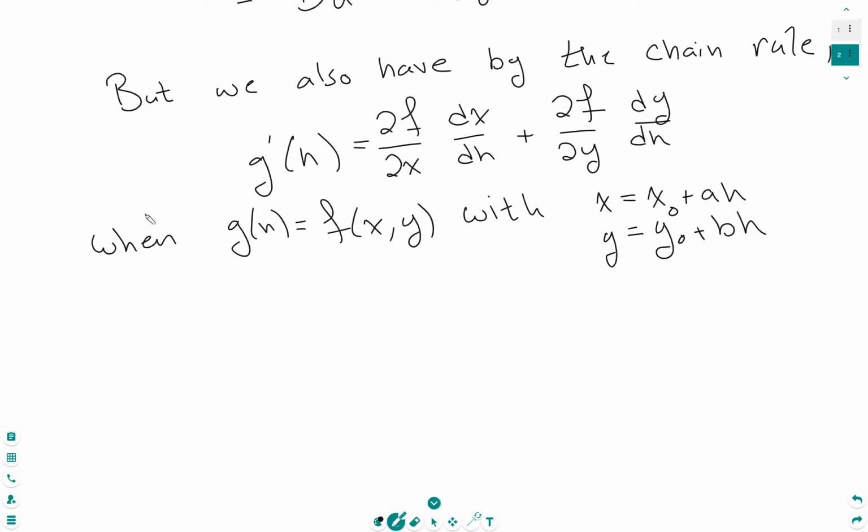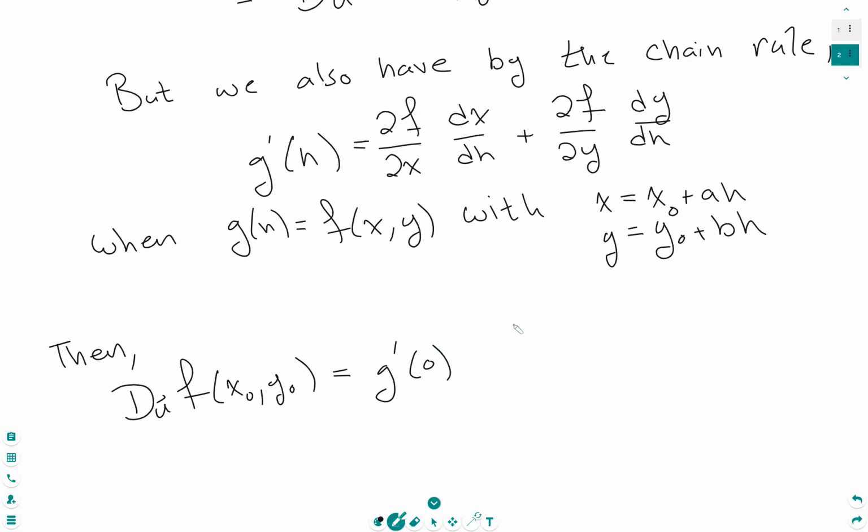So then we can say that the directional derivative in the u direction of f at x naught, y naught, we know this is equal from before to g prime at 0. So if this is g prime at h, all we need to do is plug in 0 here.